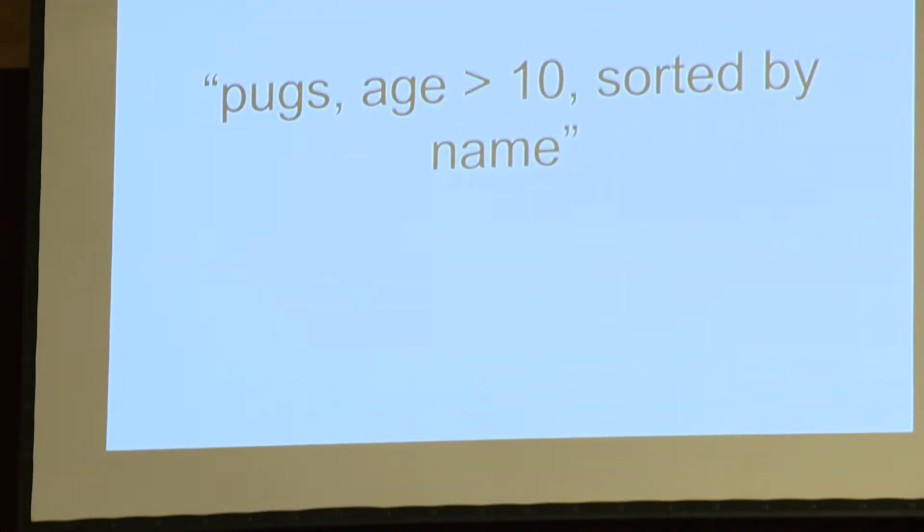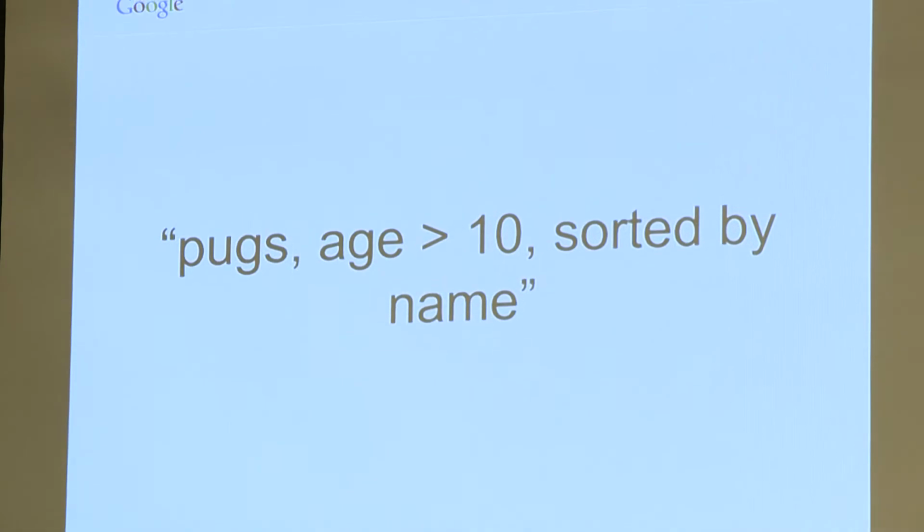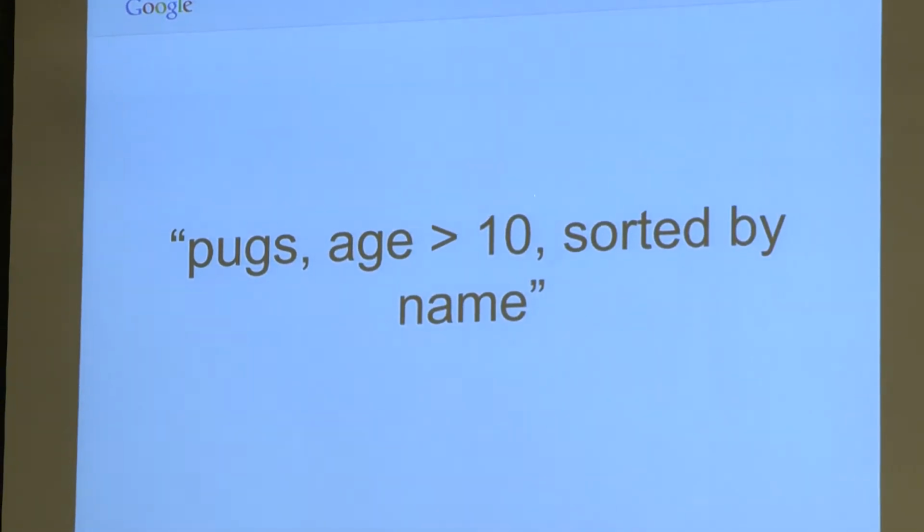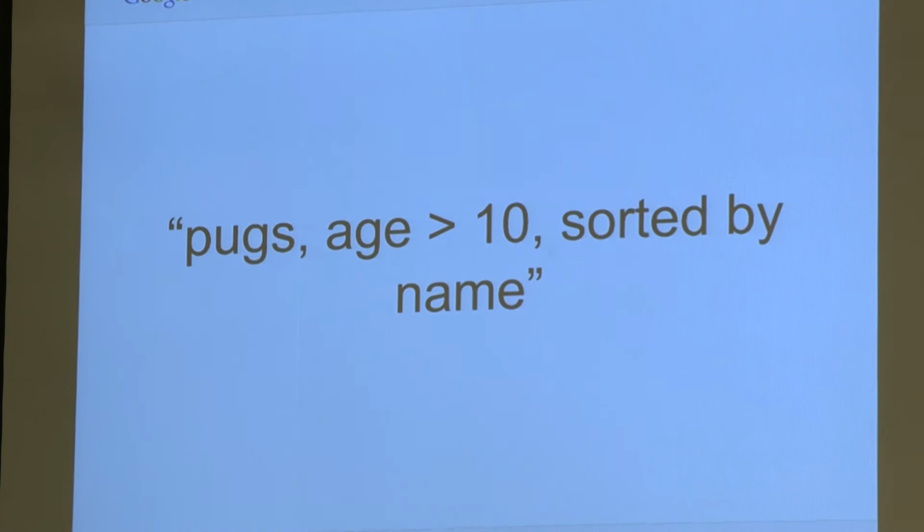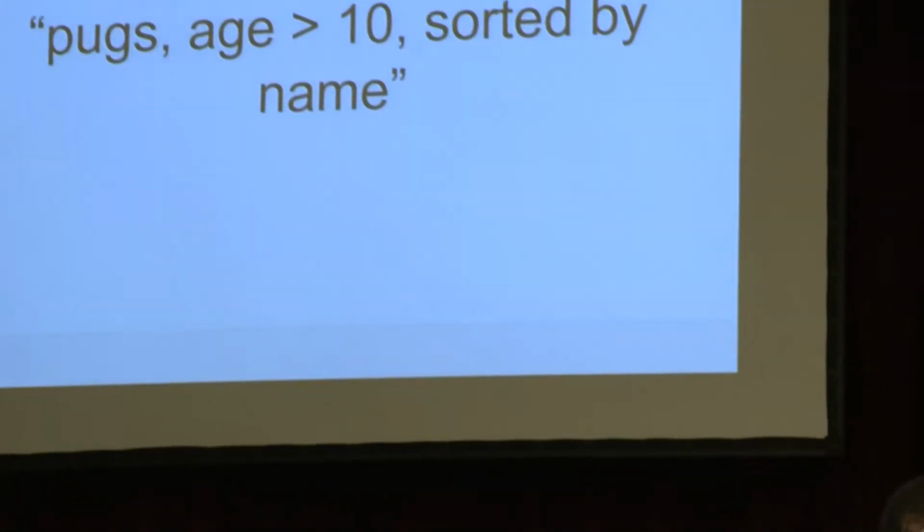Okay, now a tricky one. I want pugs. I want them to be more than 10 years old, and I want them sorted by name. What do I need? Well, you might think it's something like this. Would this work?